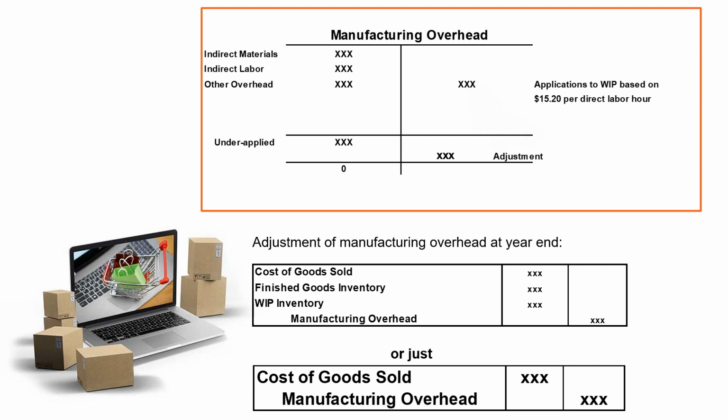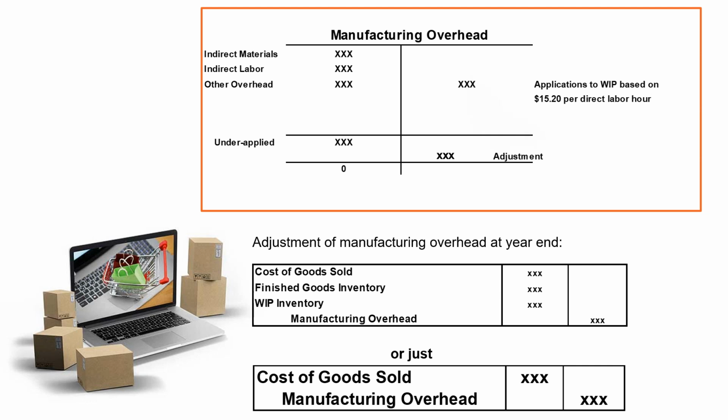So theoretically, we hope to have taken out all of these overhead costs and put them into work in process. But the fact of the matter is that it rarely comes to a zero balance. The reason for that is that the predetermined overhead rate of $15.20 was predicated upon budgeted amounts, what we expected our overhead costs to be over the next month, and what we thought our direct labor hours would be.